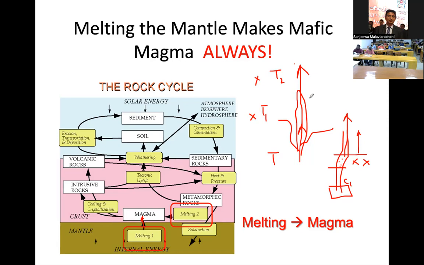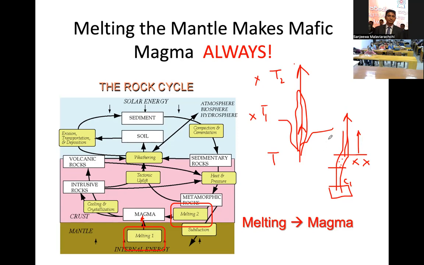The residual composition of the magma will be different from the earlier stage, right? The initial stage you can consider as C1, the composition of the magma. Once it first crystallizes some minerals, it becomes C2.